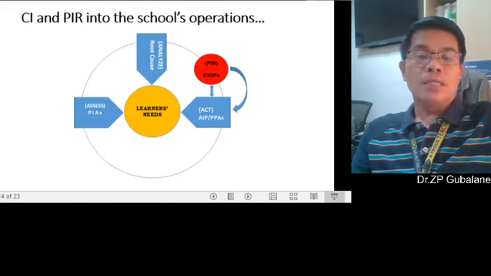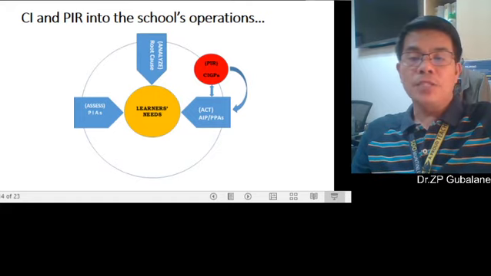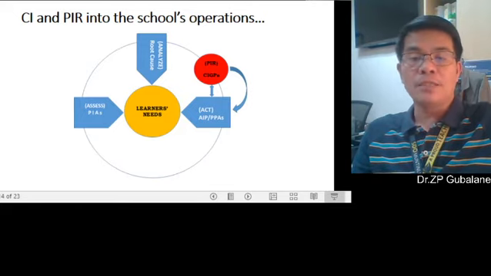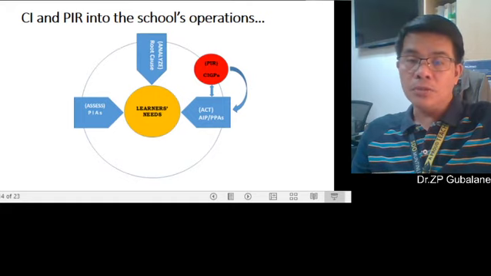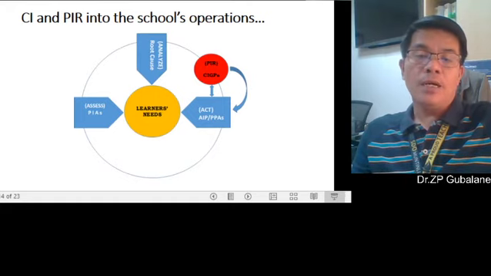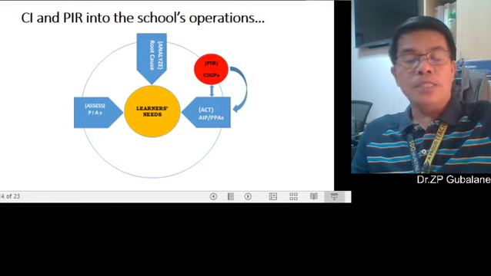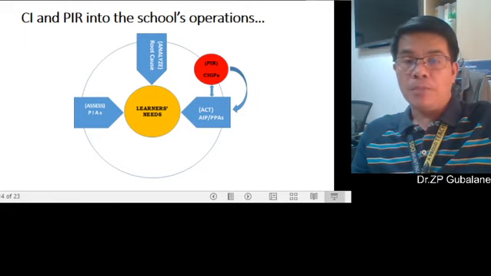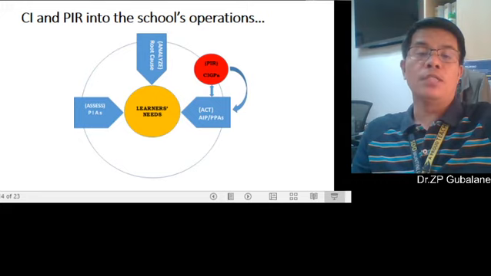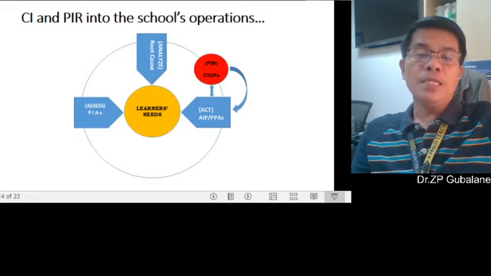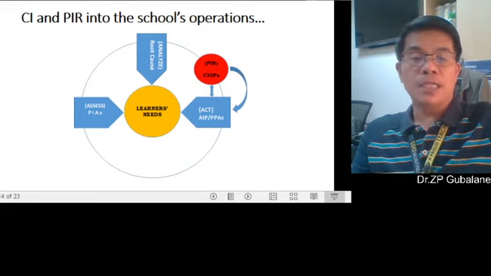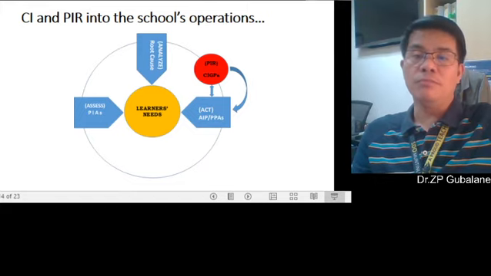Okay, because the act component refers to the annual implementation plan, and it refers to the different programs, projects, and activities that are within a specific annual implementation plan of your school, of course. So these different programs, projects, and activities are the ones being reviewed.